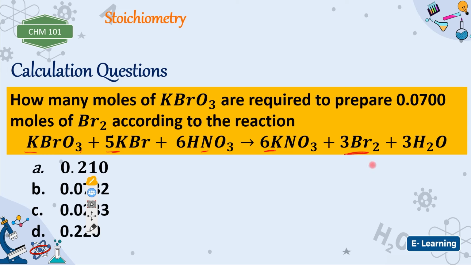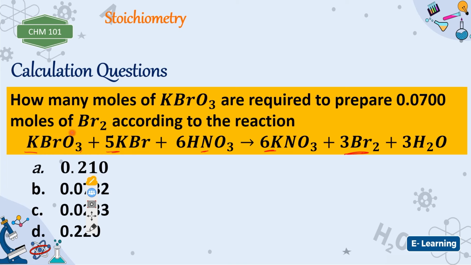Now, having ascertained that the reaction is balanced, the next thing you need to look at is the stoichiometry. How many moles of KBrO3 react to give 3 moles of bromine? You agree with me that it is 1 mole, so you are going to write this out from the balanced equation.